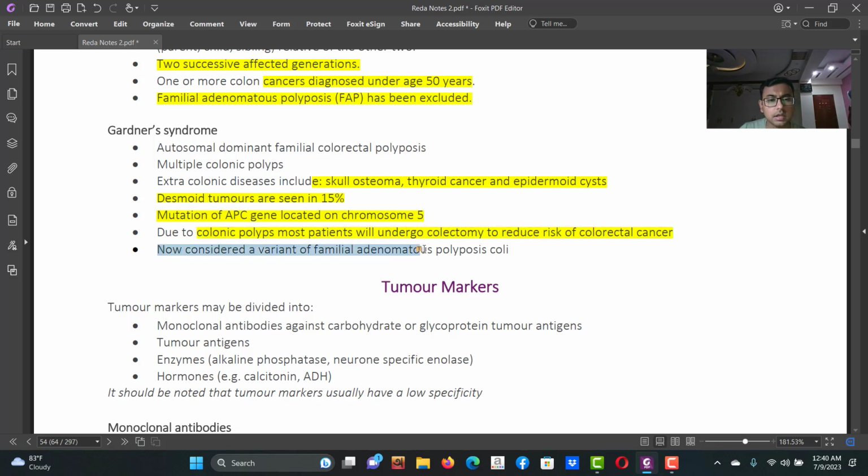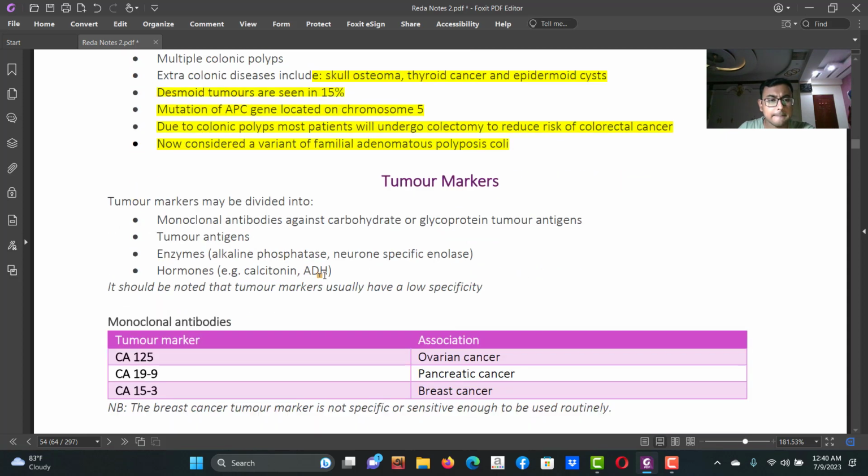Now consider Gardner as a variant of familial adenomatous polyposis coli. In FAP there is a 100% chance, about 99%, of affected individuals developing colorectal cancer, and Gardner syndrome occurs.